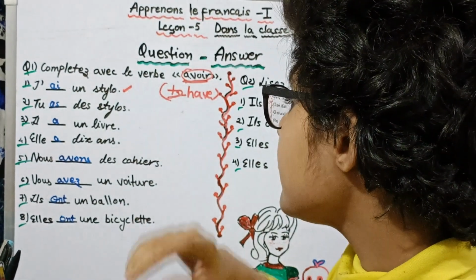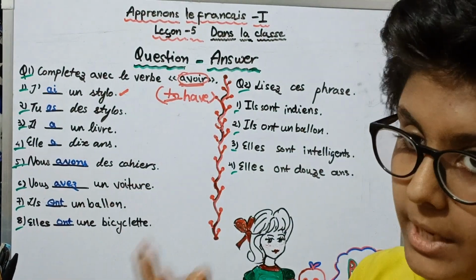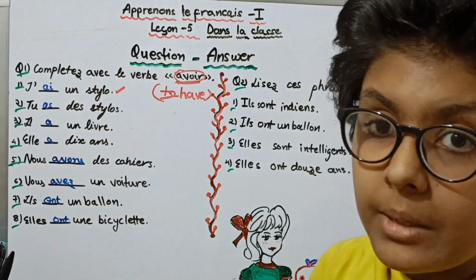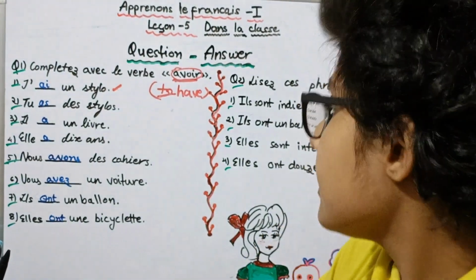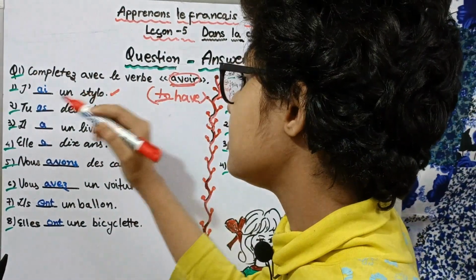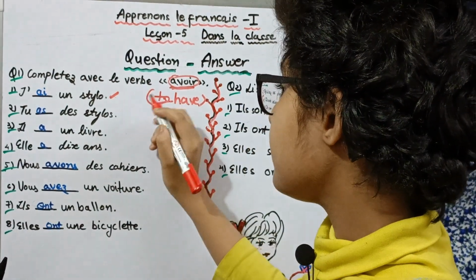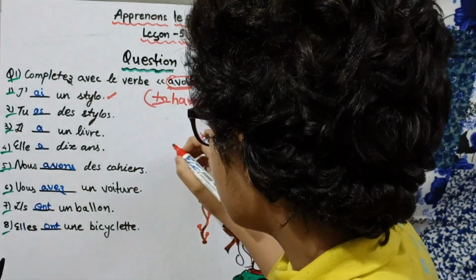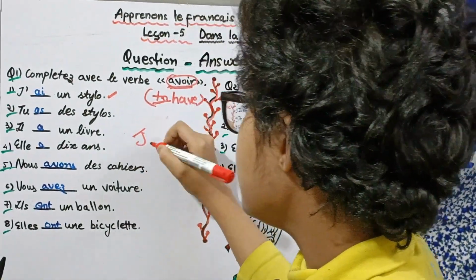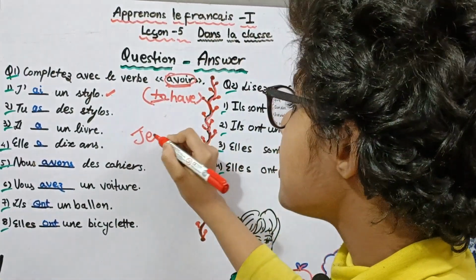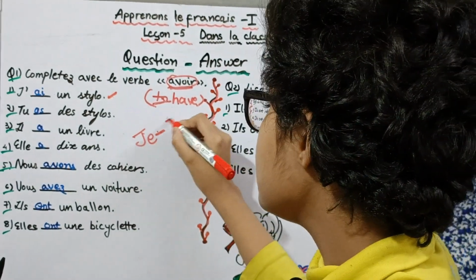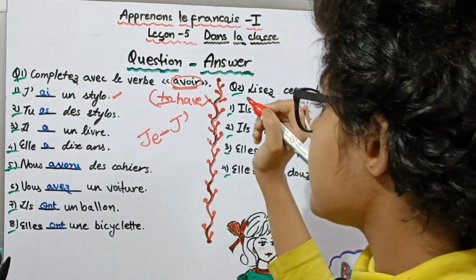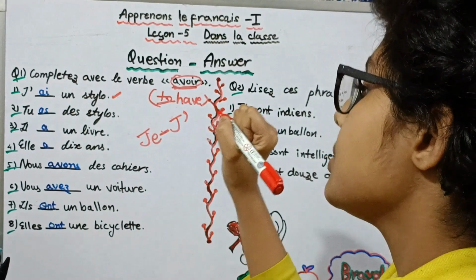Whenever it says I dash a pen, so what would it be, do you have a pen? Yes, I have. So have would be used. The conjugation for have in the verb avoir is ai, and you all know that if there is any vowel, then je transforms into j apostrophe. This is the subject pronoun that transforms into j apostrophe.